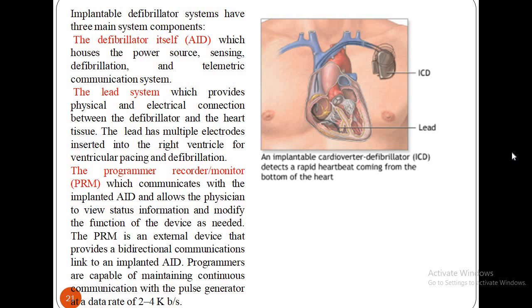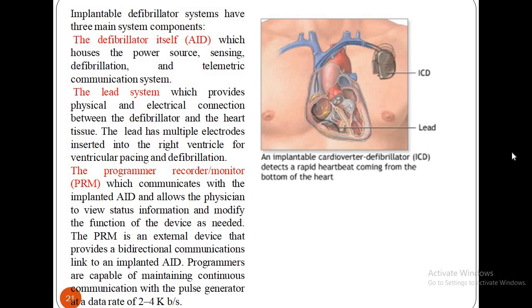The modern implantable defibrillators make use of a single lead with multiple electrodes inserted into the right ventricle for ventricular pacing and defibrillation. The programmer, recorder, monitor communicates with the implanted AID and allows the physician to view status information and modify the function of the device as needed.